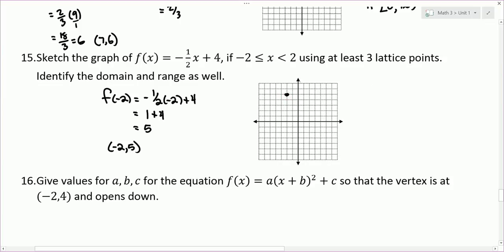And then our next point, I'm going to plug in the second endpoint. So I plugged in -2, now I'm going to plug in +2. f of +2, negative (1/2) times 2 is -1. -1 plus 4 is 3. So 2, 3.